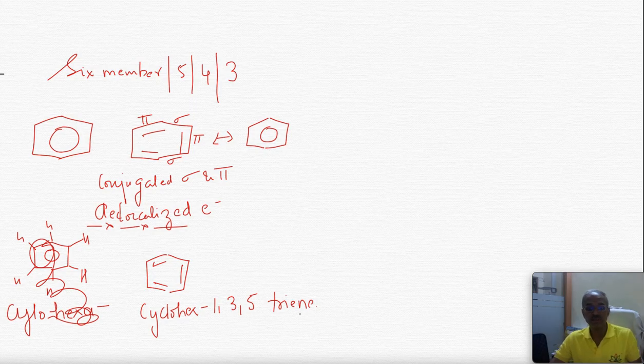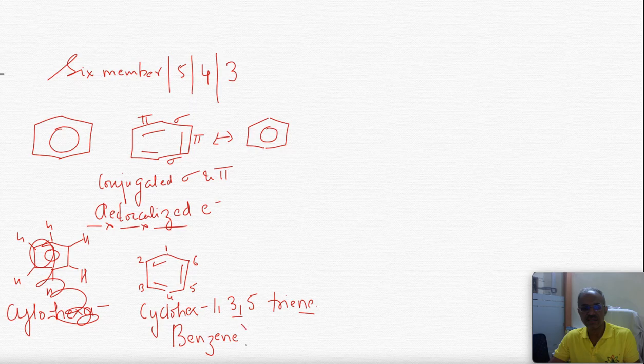So ene, 1, 2, 3, with carbons 1, 2, 3, 4, 5 and 6: cyclohex-1,3,5-triene.